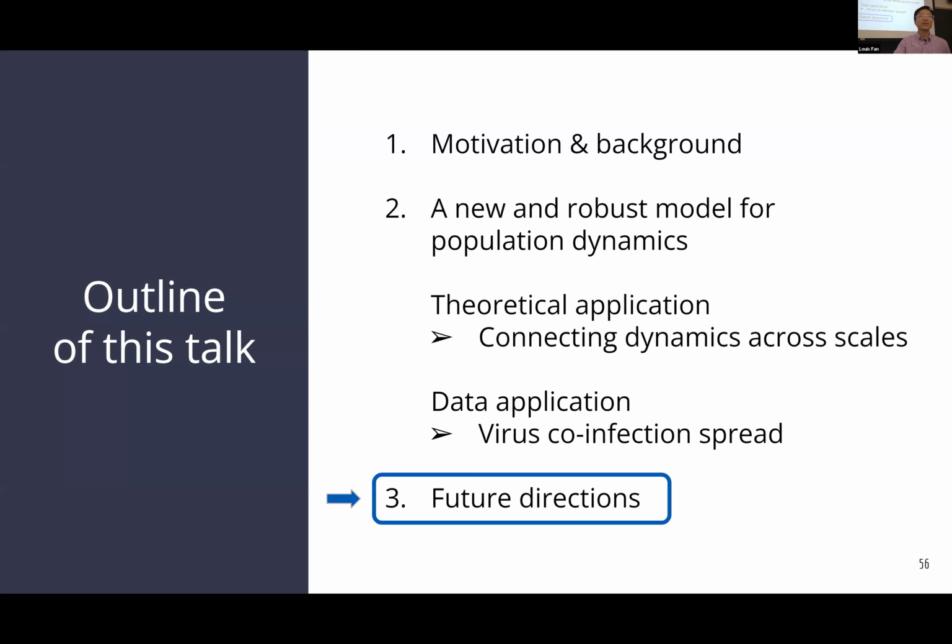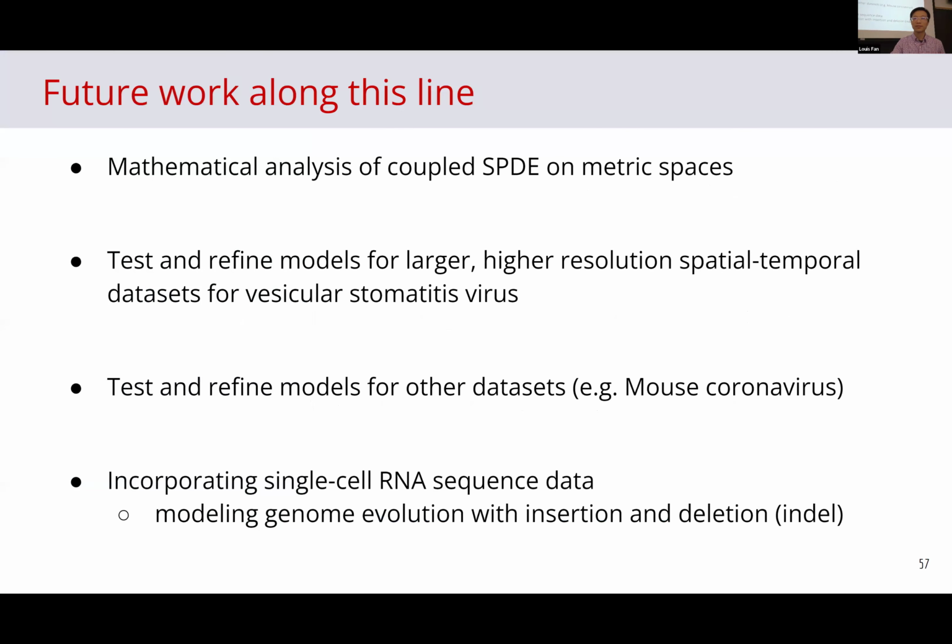Yeah, there is a lot of future work, as you can see. The way that we deal with image data, I think there might be a better image processing method, and definitely analysis of the stochastic PDE itself.